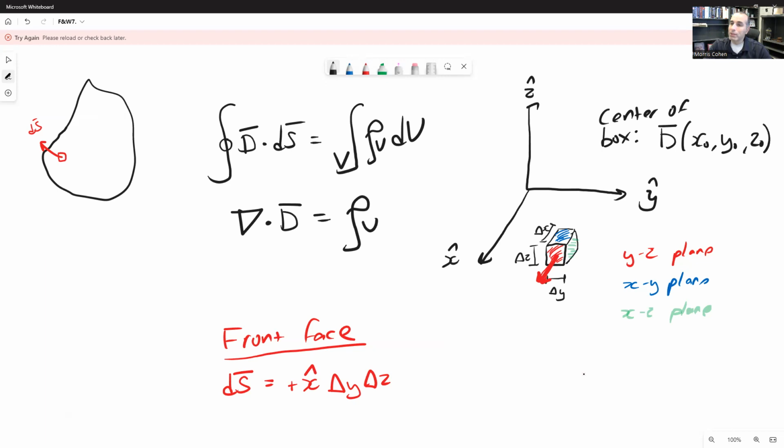If the center of the box has this value, then at the edge of the box where this ds emerges, the D field is going to be evaluated at x0 plus delta x divided by 2, and then y0 and z0, right?